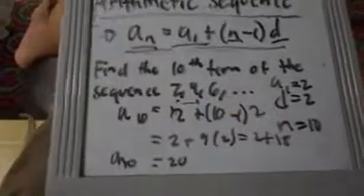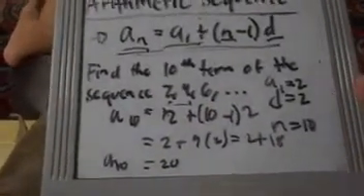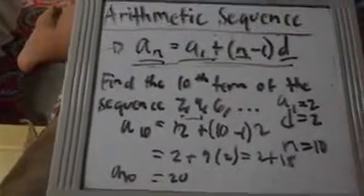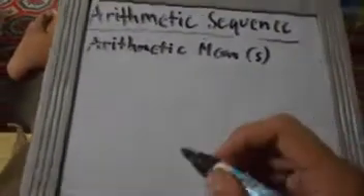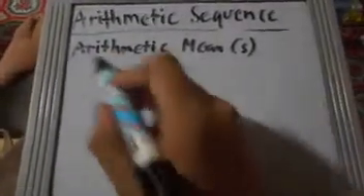Therefore, the 10th term of the sequence 2, 4, 6, is 20.